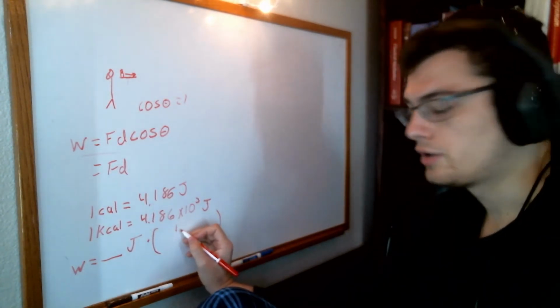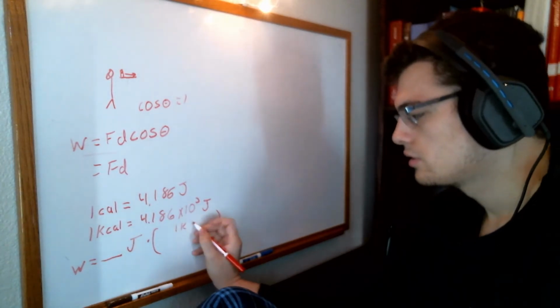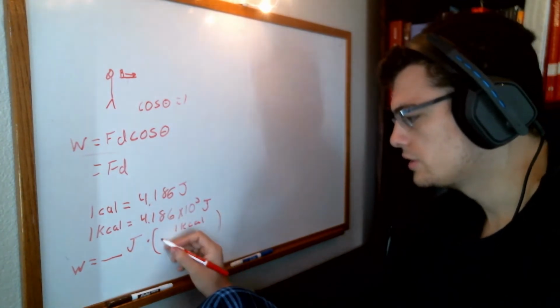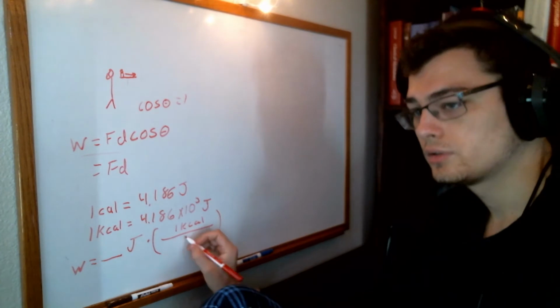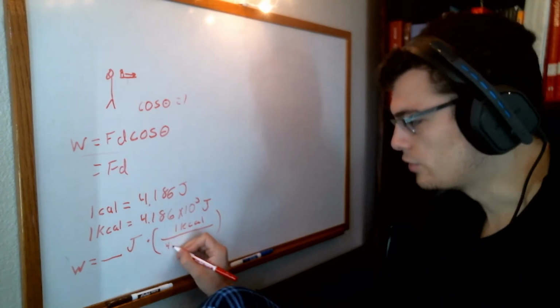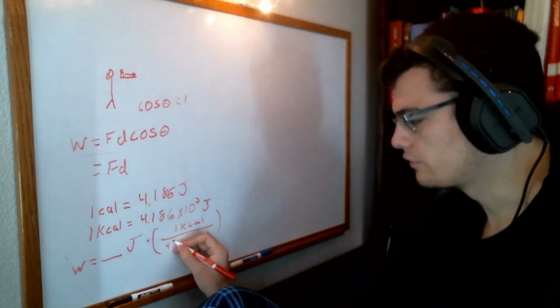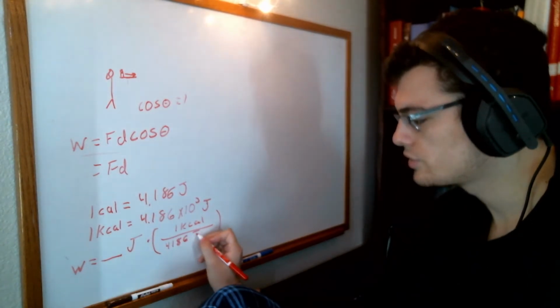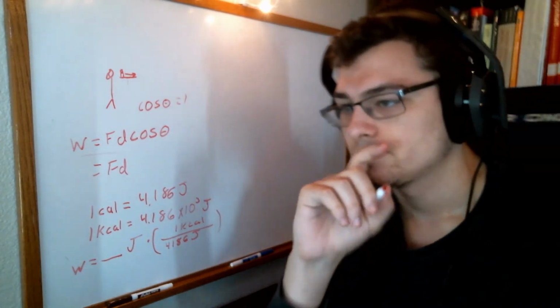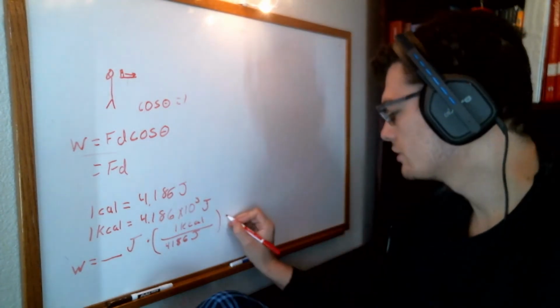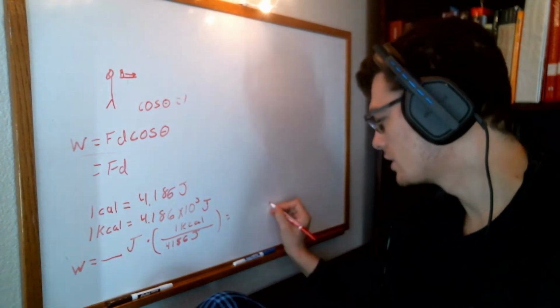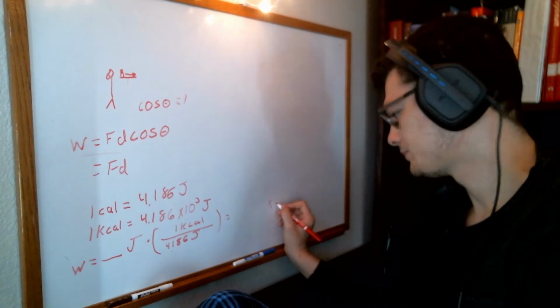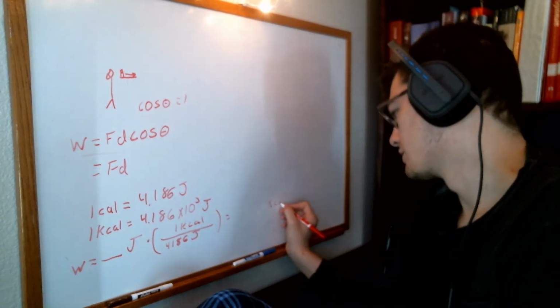So then we have 1 kcal over 4.184 joules. And then this is all you have to do, and this will yield your answer in kilocalories.